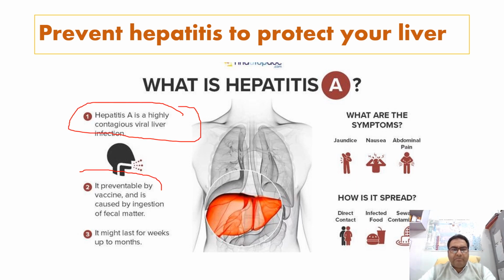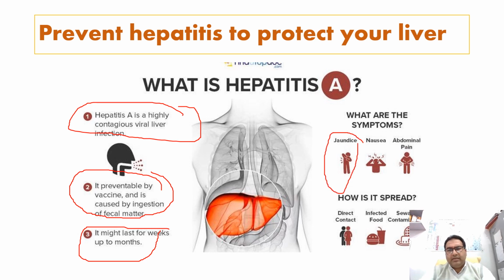It can be prevented by the vaccine, and it is caused by the ingestion of fecal matter, and it may last for weeks up to months if this infection occurs. The symptoms are jaundice, nausea, then abdominal pain, and it can spread through direct contact, infected food or sewage contamination.